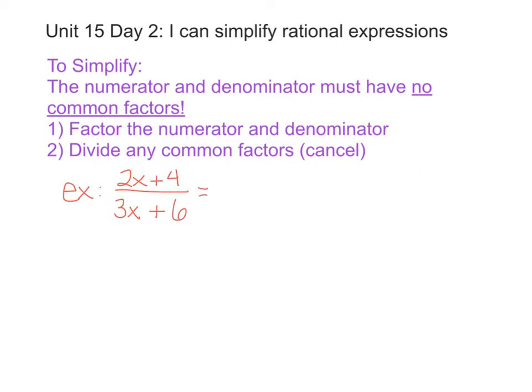Yeah, 2 goes into both of those, and we're left with x plus 2. In the denominator, what goes into both of those? 3. So we've got x plus 2. Now this problem looks a lot like yesterday. So now we can cancel those out, and we're left with 2 over 3.